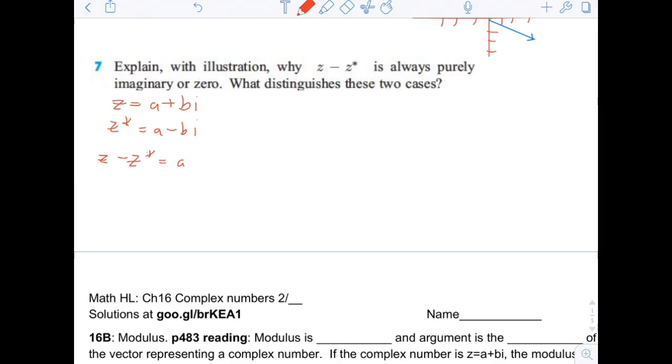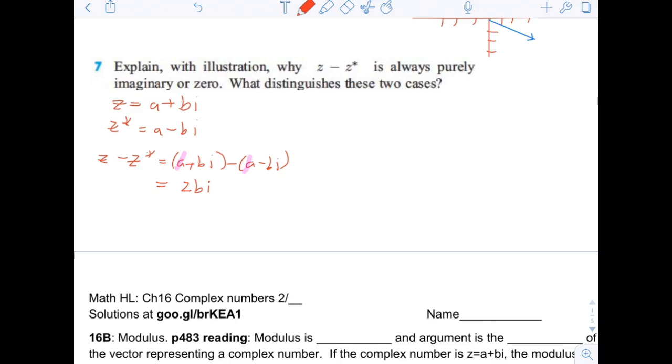That would be a plus bi minus a minus bi, where a minus a cancels out, and b plus b is 2bi. So the a component is gone and the b component is doubled.